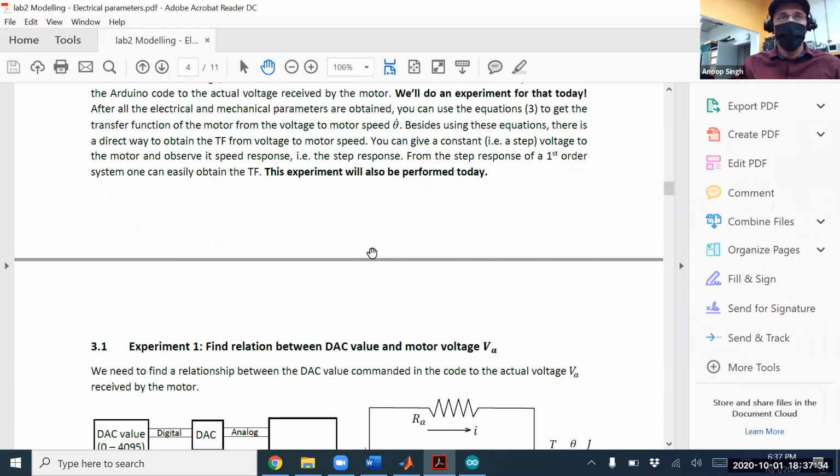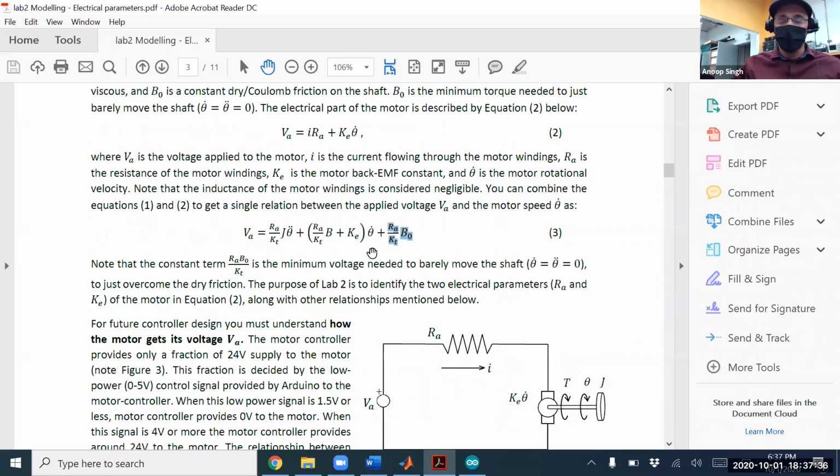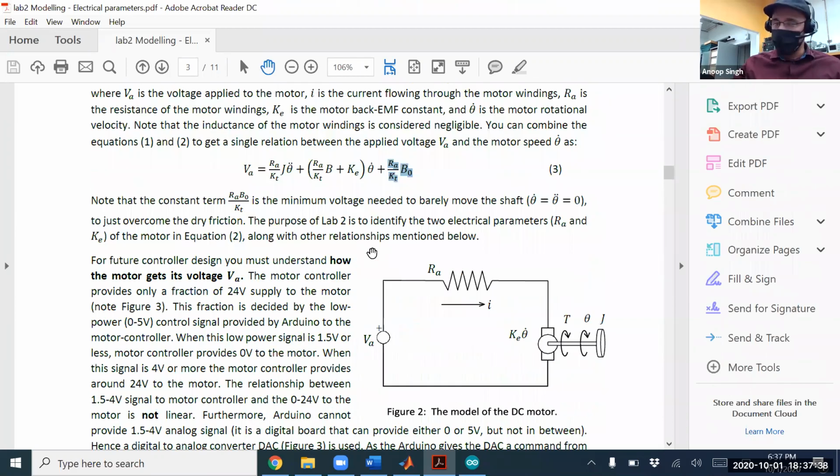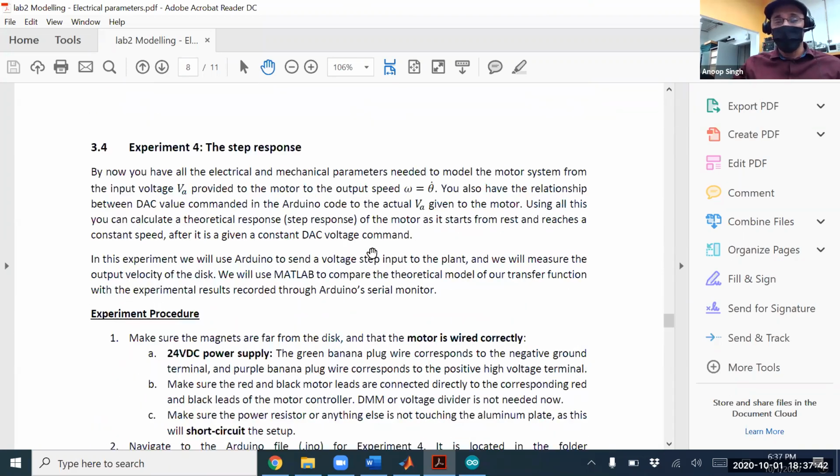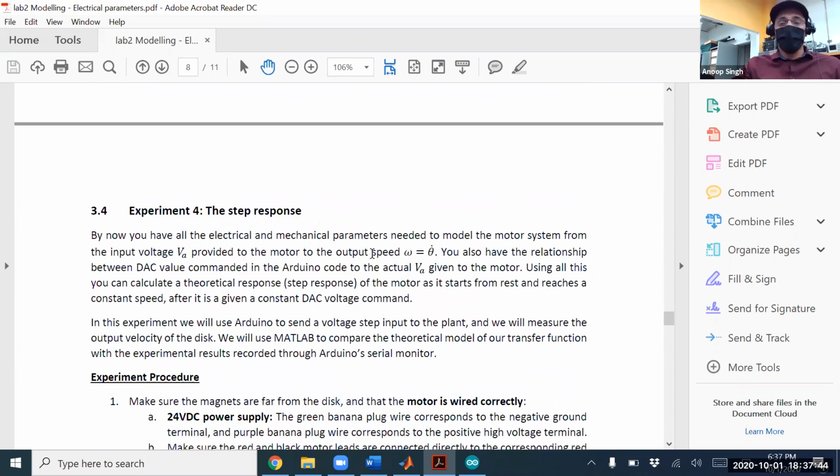We spent 2 labs doing all this theory, doing all these parameters, but does it actually work or not? We can test it experimentally, and that's what experiment number 4 is all about. If you have a first order transfer function, which is what that equation says, then when you give a constant input to a first order transfer function, the response starts from the initial condition, which is 0, and ultimately reaches a constant steady state value.